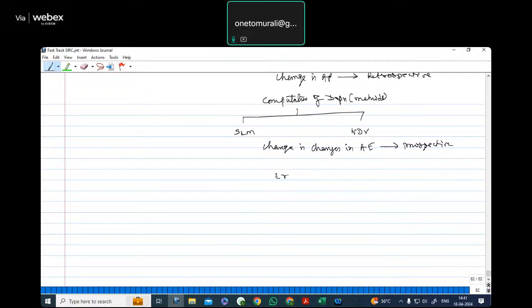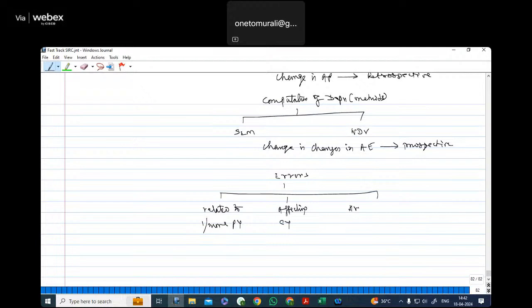Then we are talking about errors. Previously, we used to have an item in this fashion. Errors should be understood as related to one or more previous years, affecting the current year, arising out of error or omission.